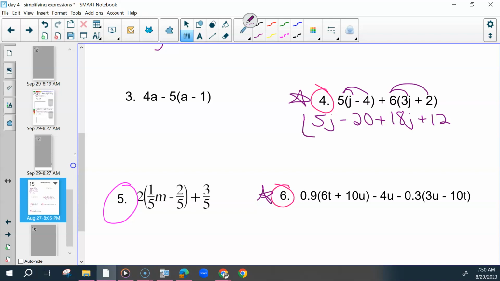So here we have 5j and 18j and negative 20 and 12. What would those be when we combine them? Negative 8, yes. What was this one? 23. Yes, 23j minus 8.